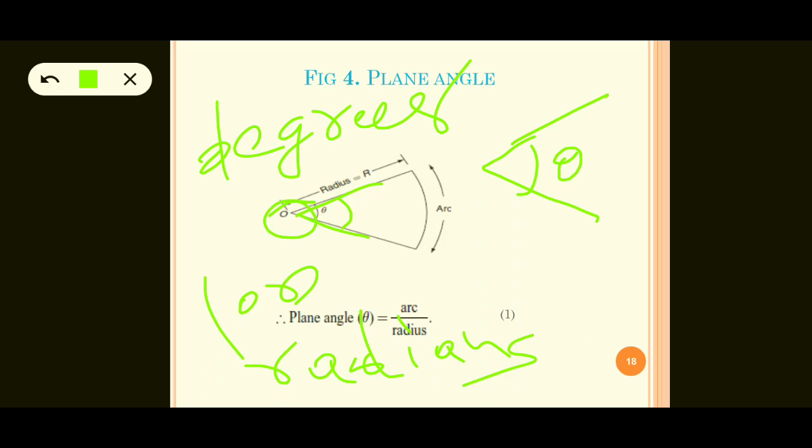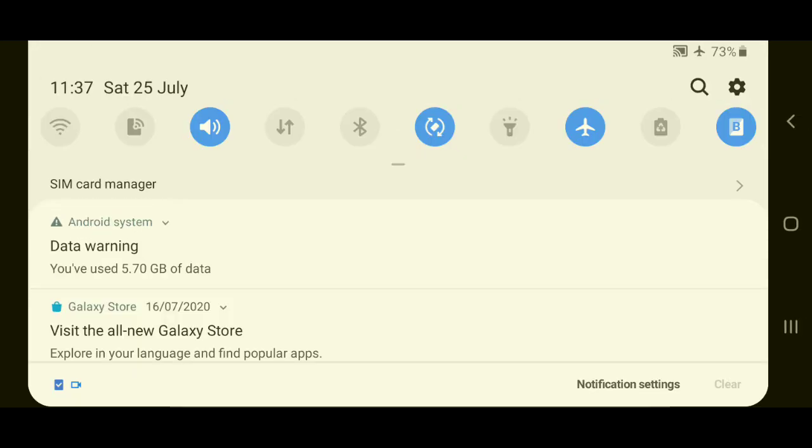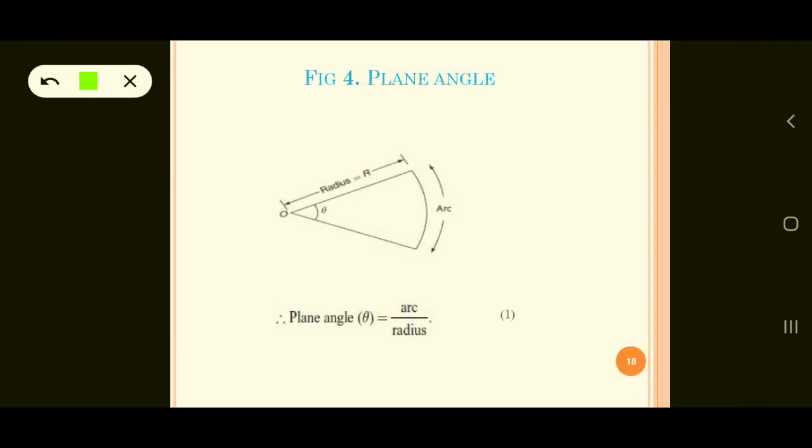Degrees or radians. Next one, the angle subtended by an arc of a circle whose length is equal to the radius of the circle.